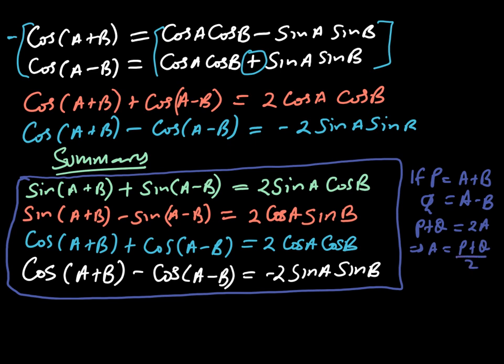And P minus Q will be 2B, meaning that B is P minus Q over 2.